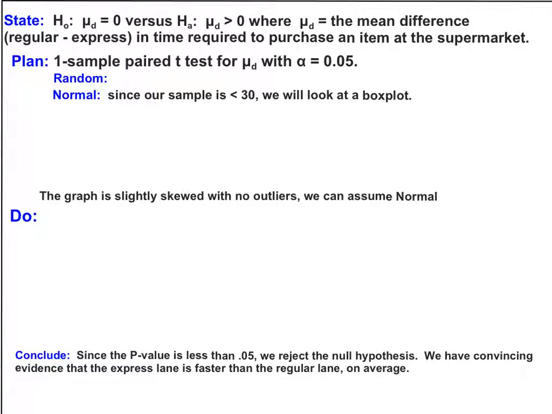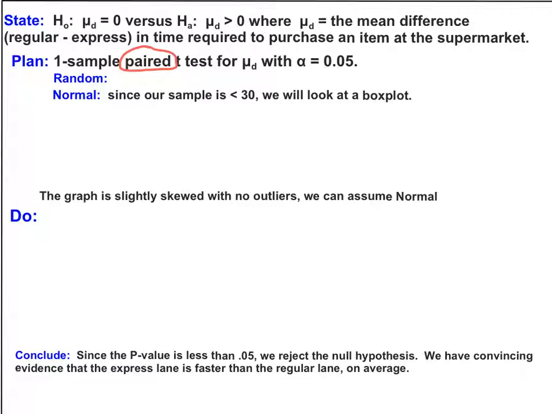Now my plan step, I'm still one sample. This needs to be in the name of our test. The design here is a matched pairs. That's why this problem just kind of looks and feels a little different.